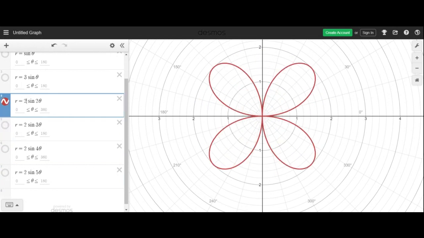So now you can see, if you saw an equation that had sine or cosine in there, any number out in front lengthens the petals so that they are as long as that number. And then the coefficient to theta tells me how many petals there are.